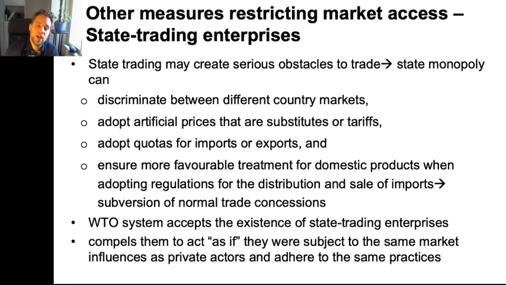They may also adopt artificial prices that effectively substitute for tariffs. They may adopt quotas for imports or exports. If they enjoy the special privilege of an import monopoly and impose a quota, at the end of the day, effectively, that's a quota. Or they may violate the most favored nation obligation and thereby subvert normal trade concessions made by a state.